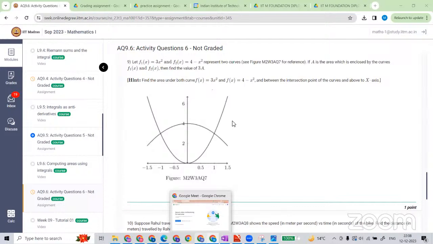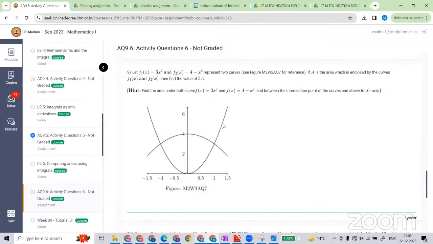In this problem, we are finding the integral of this.